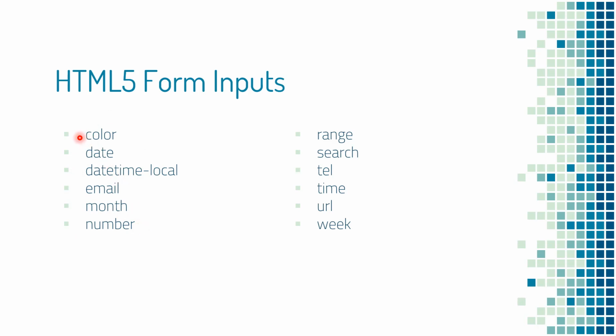For example, color picker, dates, email, month, specific number, telephone number, range for a slider, search input, or time. All of these are new inputs in HTML5. For you as a student, it's important to practice all these things together. It's not that hard to practice.